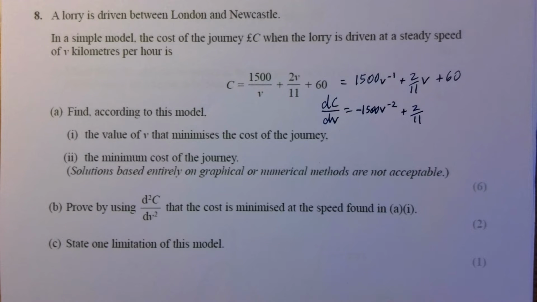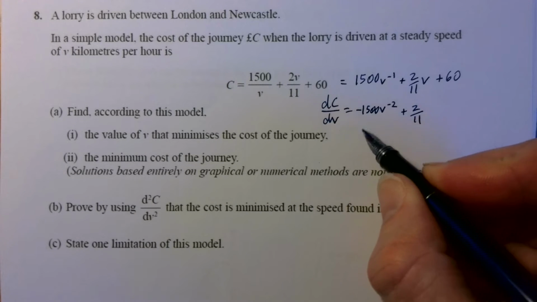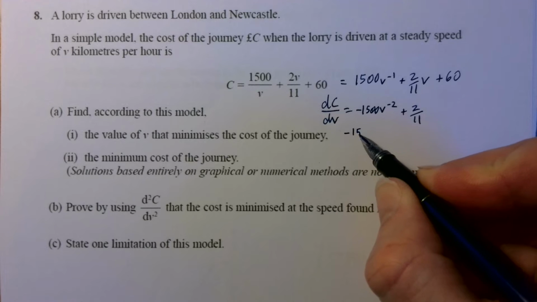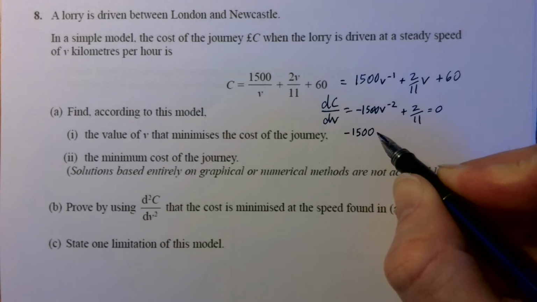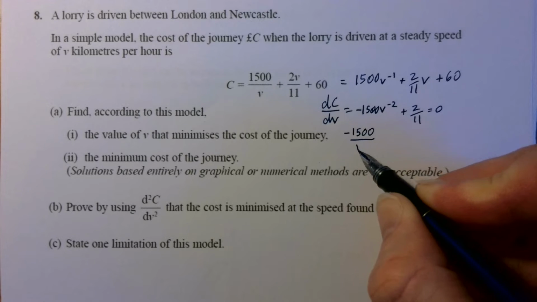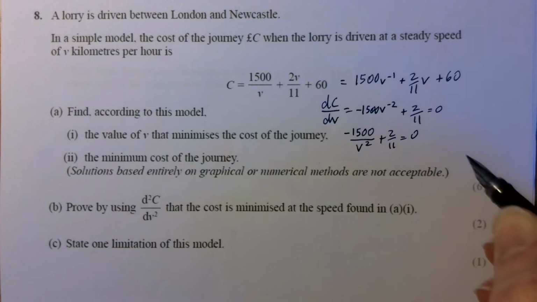So that just leaves us with that. So now what does that mean? That means minus 1500, and we want that to equal 0, minus 1500 over v squared plus 2/11ths equals 0.